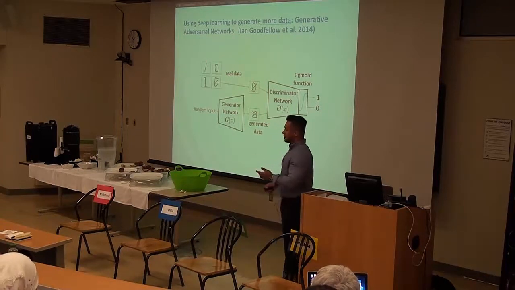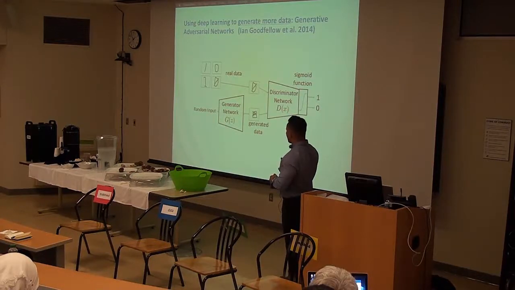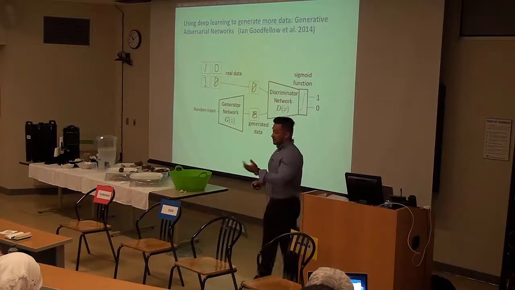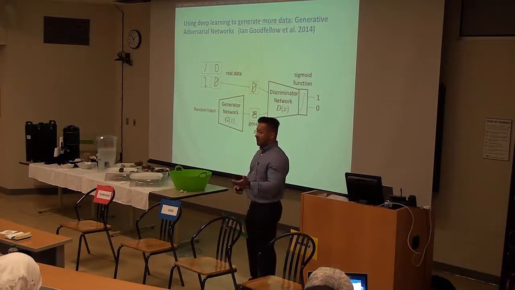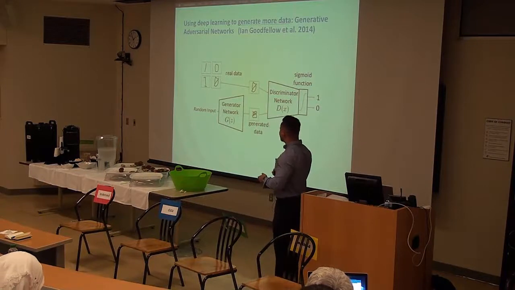In the second step, we freeze the discriminator network. So there is no learning here. And then we're going to try to train the generator to deceive the discriminator. In this step, the generator network is going to produce an example, and depending on the output, whether the discriminator was able to discern that it was a real example or a fake example, we're going to use that information to improve the generator.